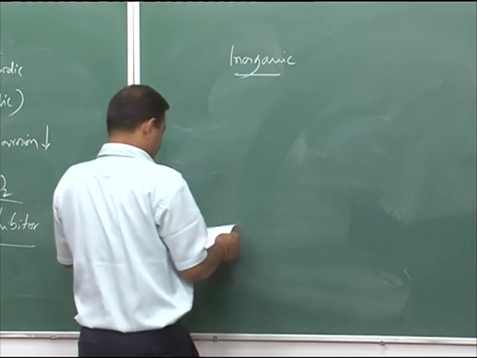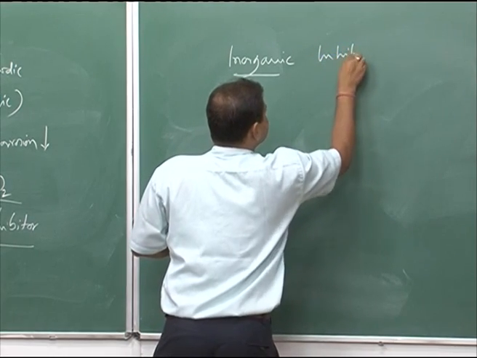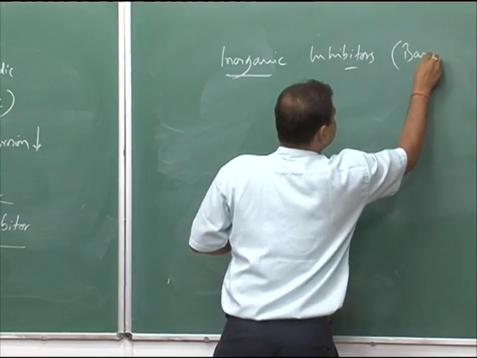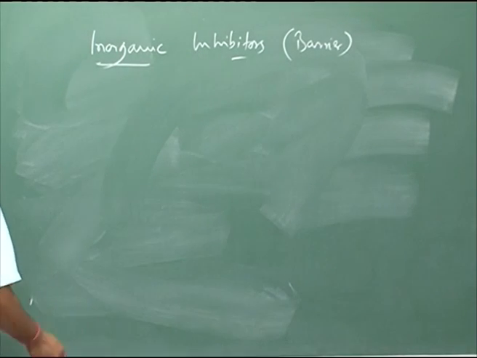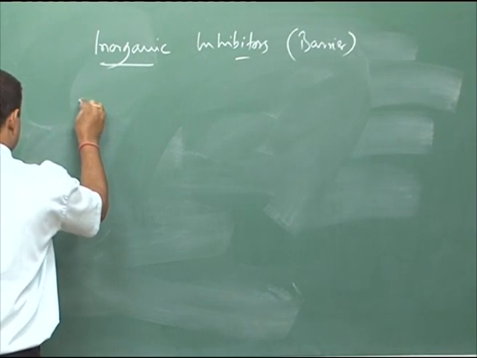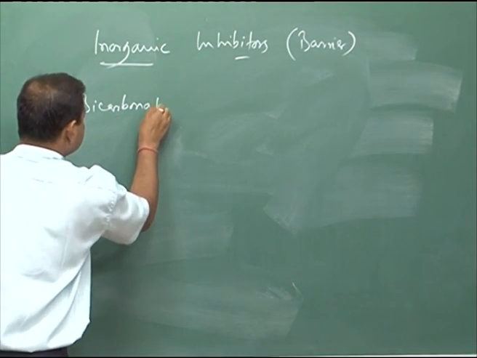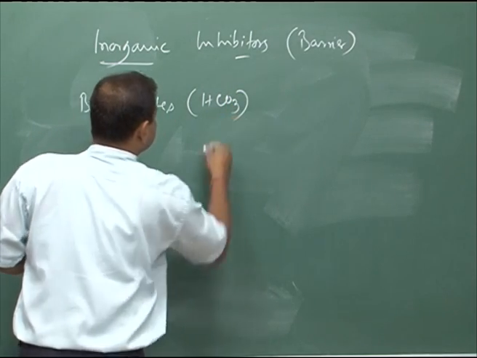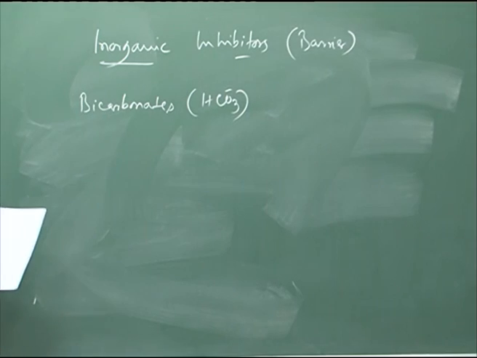Inorganic passivator, inorganic inhibitors, which are basically barrier type. And here we have the example of bicarbonates, or we can also have biphosphate.